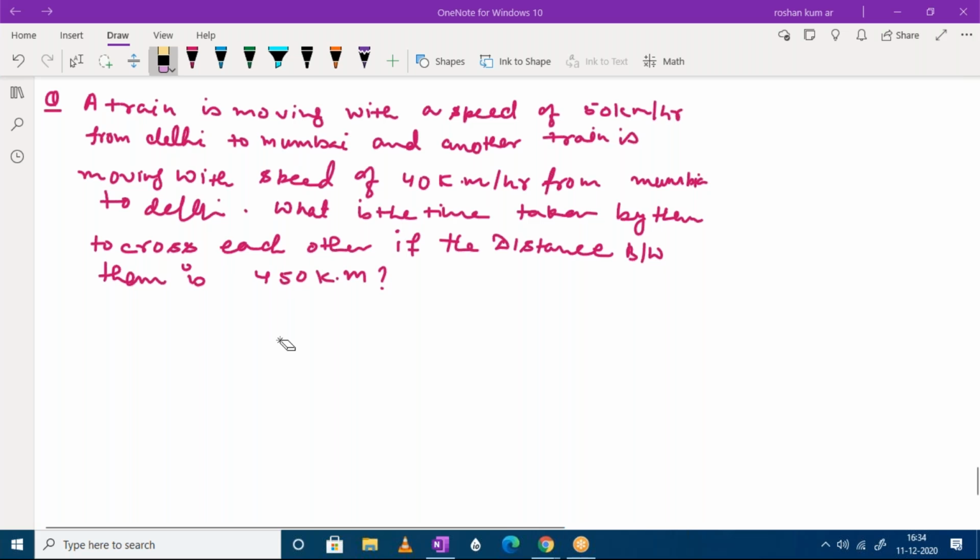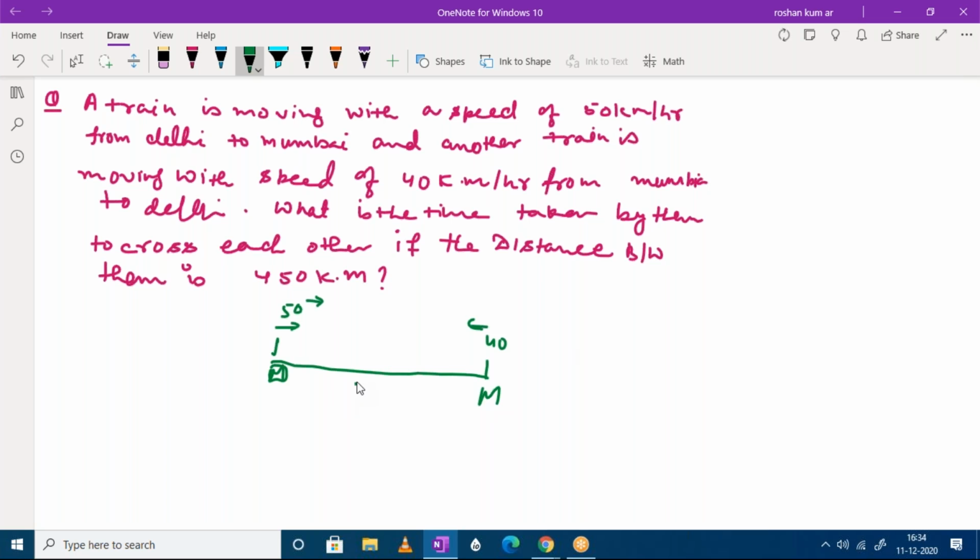For Saurabh, I'll solve the question. Saurabh, please see this. This is how you have to solve this kind of question going forward. There's a train here, there's a train here. The speed of this train is 50, another train's speed is 40. One is moving from Delhi to Mumbai, another from Mumbai to Delhi. The distance between them is 450.